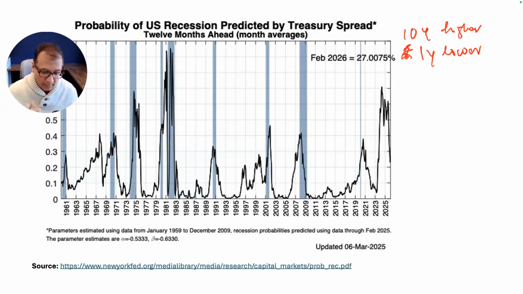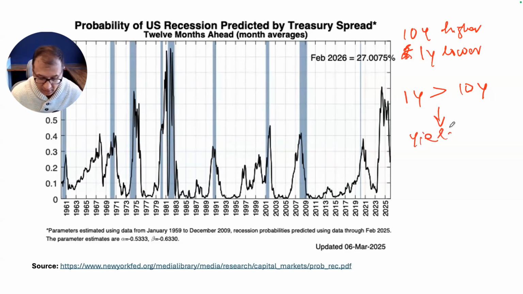Same thing here. But sometimes what happens is the 1-year treasury, which is a short-term treasury yield, actually becomes bigger. So the 1-year yield becomes greater than that of the 10-year yield. When that happens, this is called a yield inversion. You must have heard this term, yield inversion.